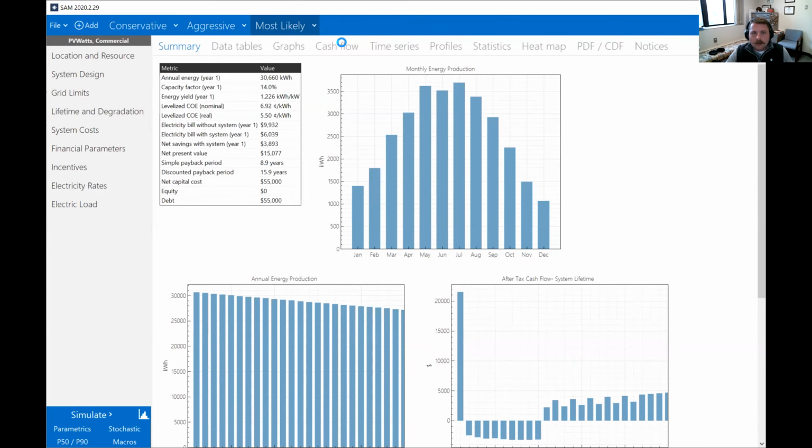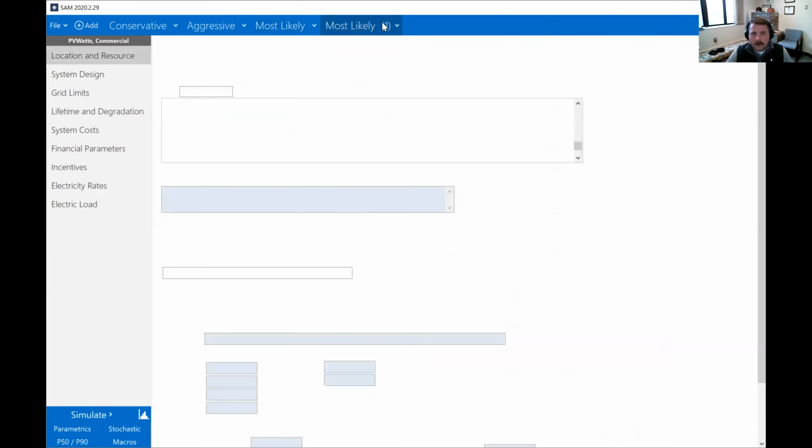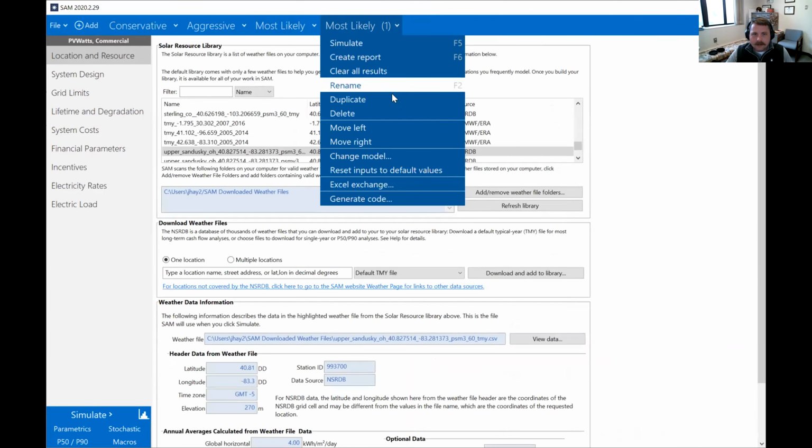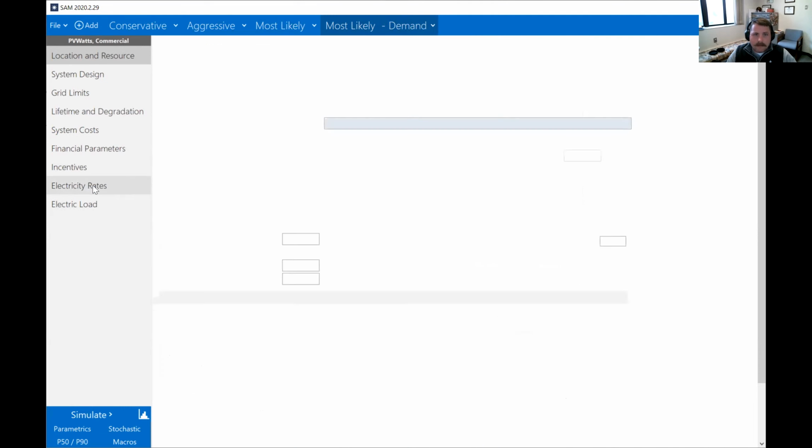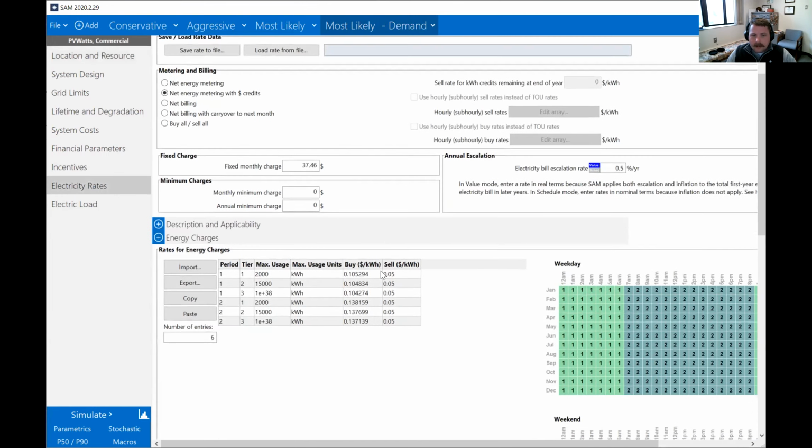then I'm going to duplicate this one more time just to do something really quick because I think we're doing okay on time, but I'm not going to try to lose too much here. I'm going to rename this most likely, but with a demand rate. And I'm going to show you how to change rate schedules so that you can build a rate schedule. So in my most likely with demand, instead of downloading a rate, I'm just going to build one.